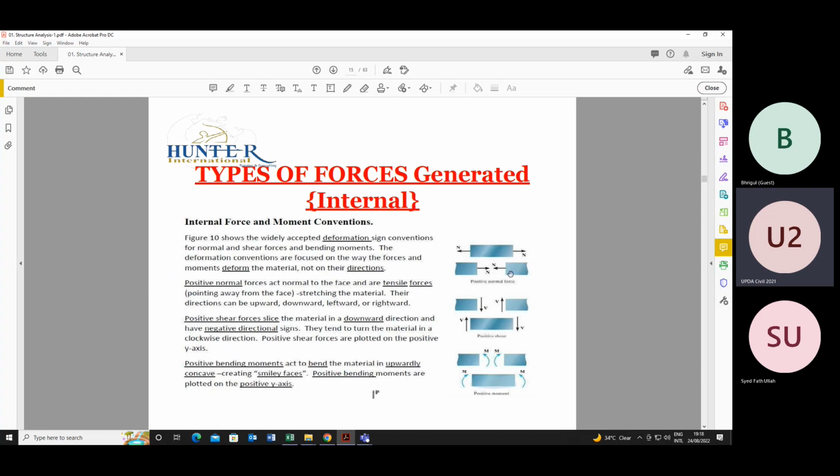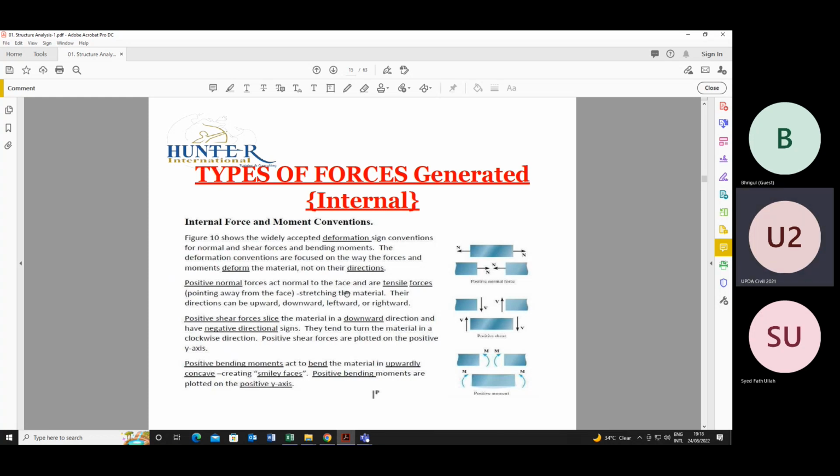At this point, these two forces are acting opposite to each other and tend to pull the member away from this point. So this will be the tensile force. We will consider tensile as positive. If there is compression at any point, we will consider it as negative.